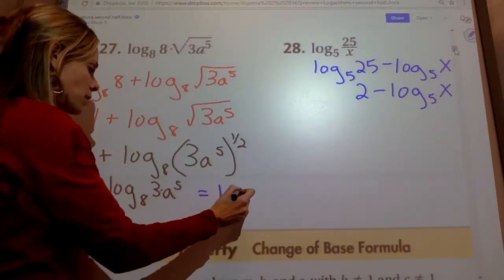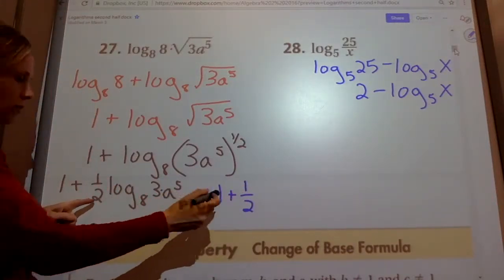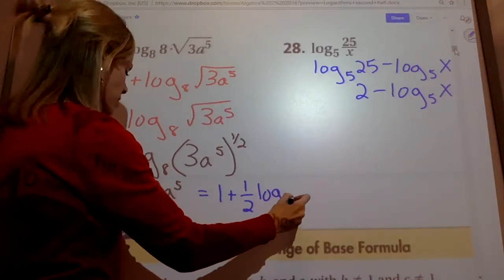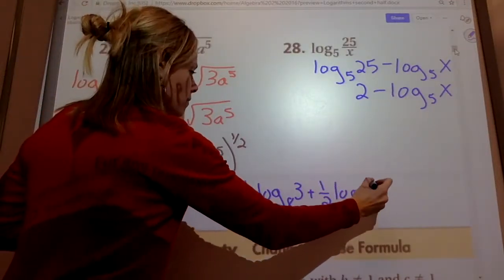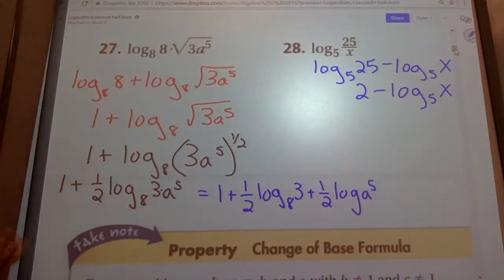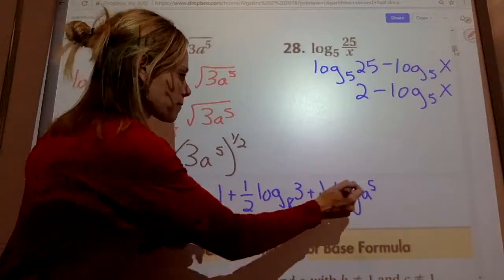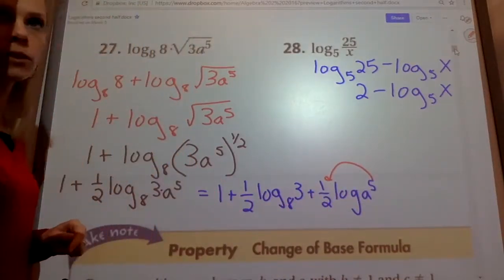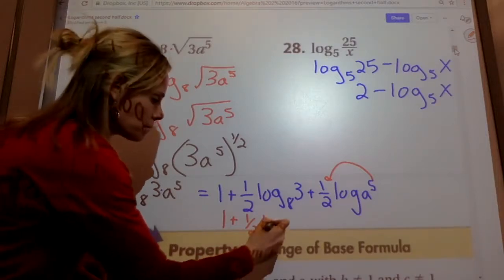So I have 1 plus, and then this half would go to both parts, remember. So half log 8 of 3, half log a to the 5th. And then the last step would be taking this 5 and putting it in front of the log. So it'd be 2.5. 5 halves, yep.